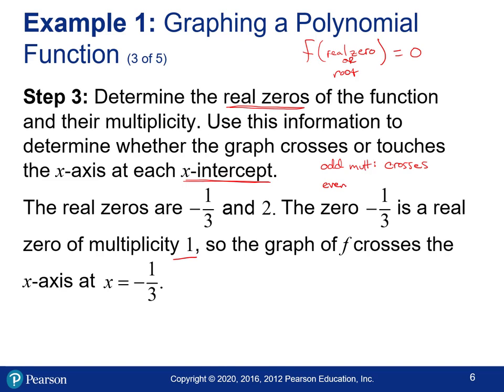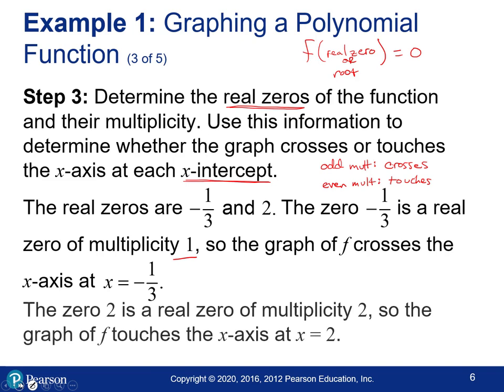And if you have an even multiplicity, your graph doesn't cross through, it actually just touches the x-axis and then goes back the same direction it came from. The other real zero had a multiplicity of 2, so it's going to just touch our x-axis.